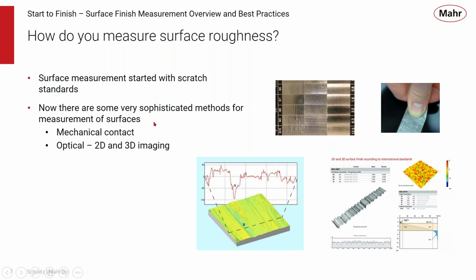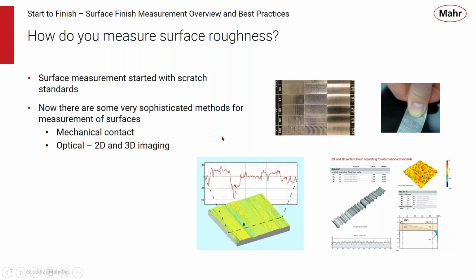But now there are more sophisticated methods for doing that, well documented with lots of standards, where a mechanical contact is dragged over the part to get the surface roughness.